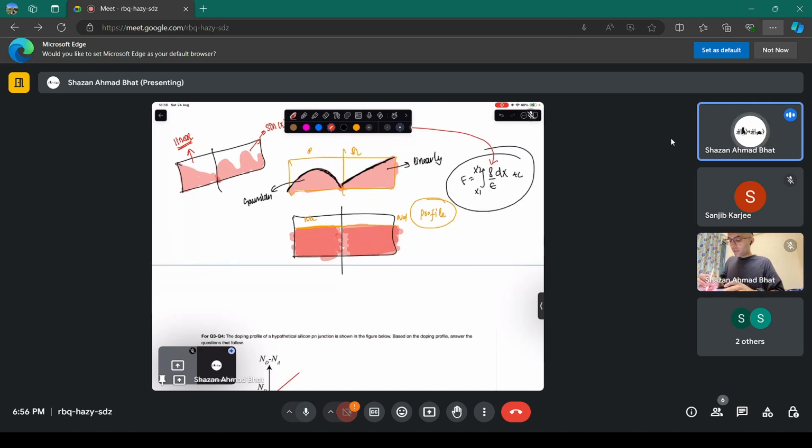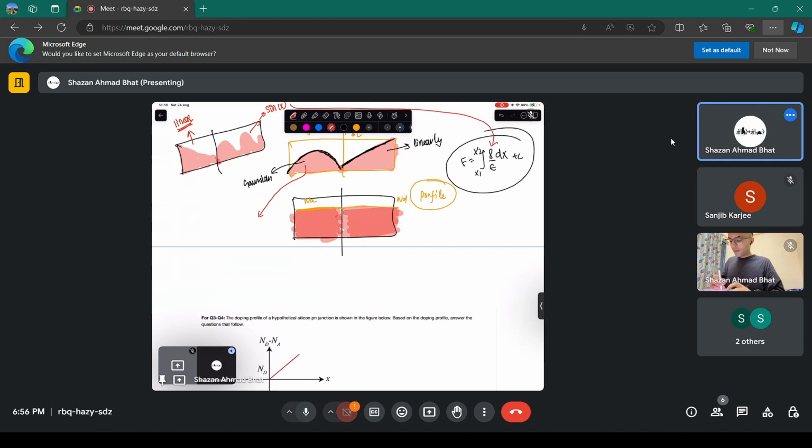Let's say for this case, the rho of x would look like e to the power minus x naught square divided by 2xp, where x naught will be the center of this Gaussian and xp will be the spread of this.